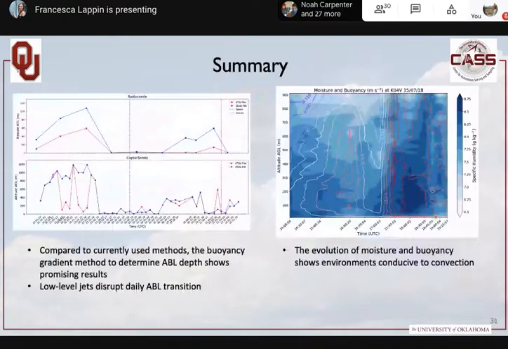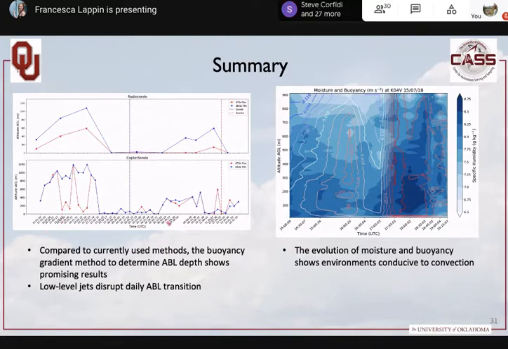But all in all, highlighting some of the things that buoyancy can do that other variables don't necessarily show. We can use buoyancy with promising results to determine the ABL height. It compares well, if not better, than the temperature in this specific case.